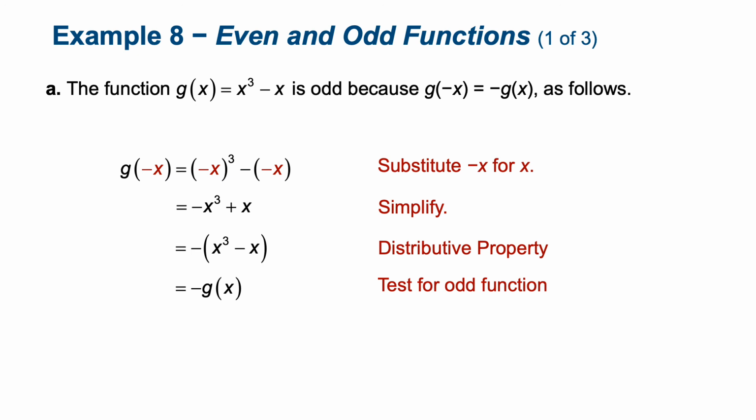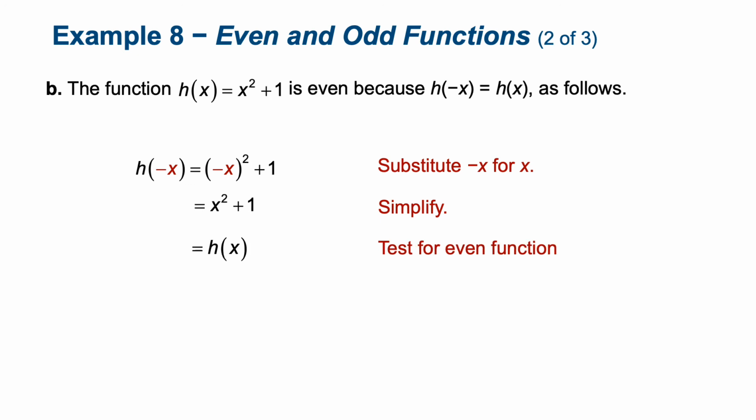If I factor out this negative, I get in the parentheses positive x cubed minus x. But what is this right here? This is exactly g of x, right? So when I plug in a negative x, I get the negative of g of x. That means the function is odd. In other words, it has symmetry with respect to the origin.